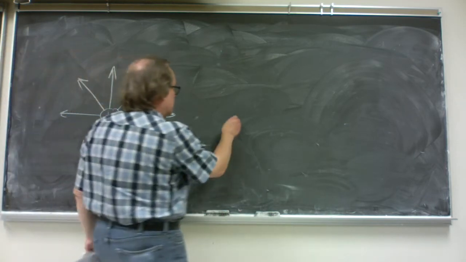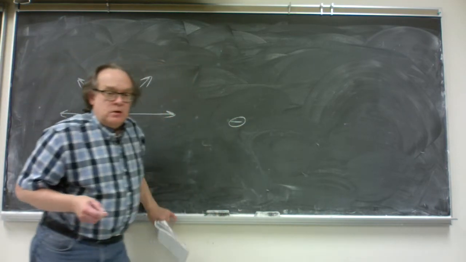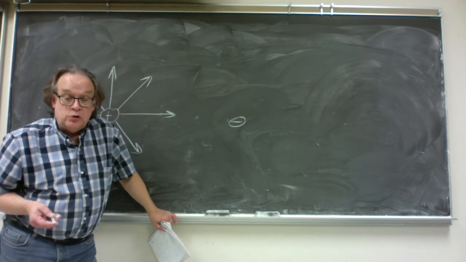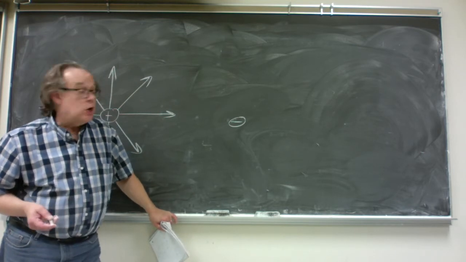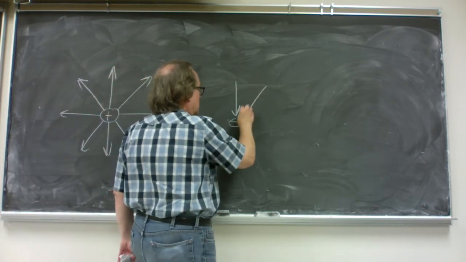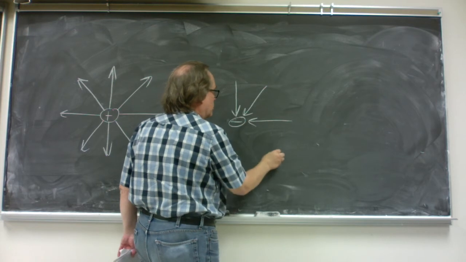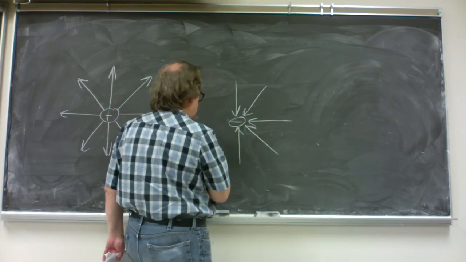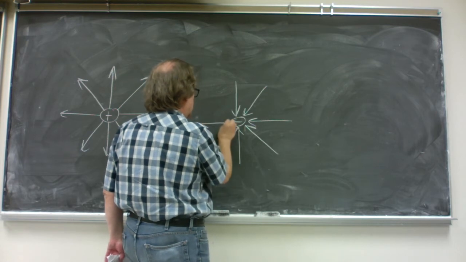And similarly, field lines for a field caused by one lump of negative charge are just radial lines, but all pointing towards the source.